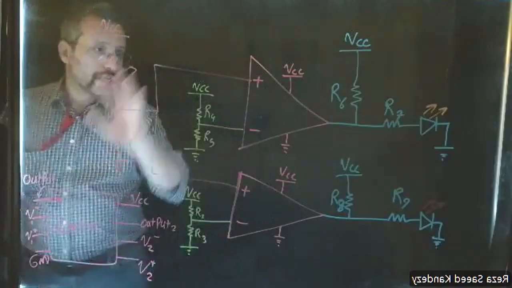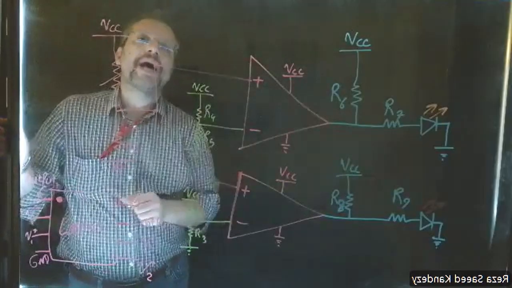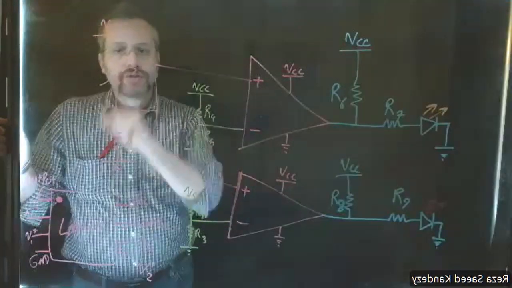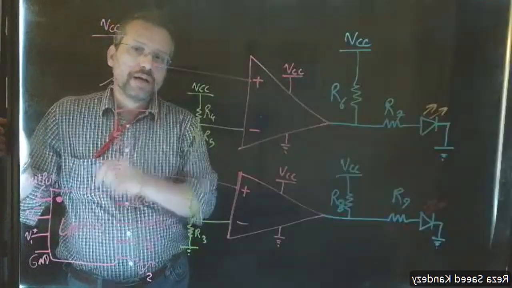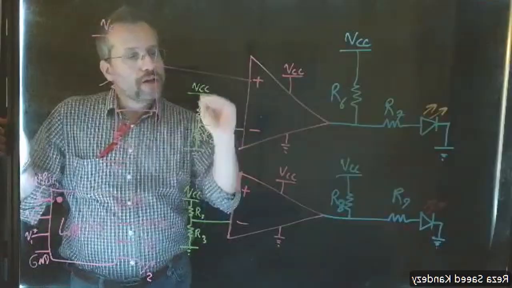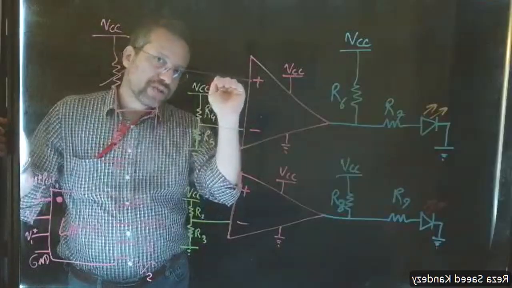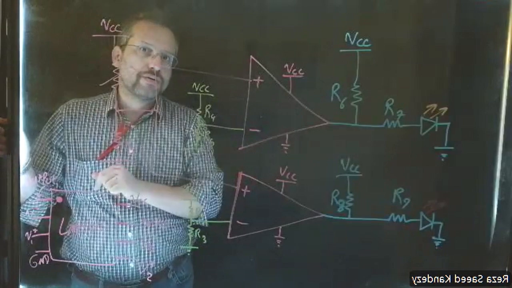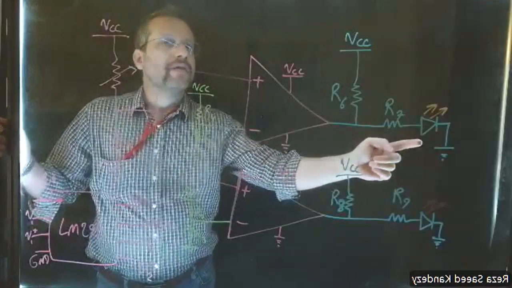Now, in the circuit that you see on the board, we have 2 op-amps and 2 sets of comparators. The task that we have is a thermistor, which is a resistor that changes with the change in temperature. We want to see if, for example, there is a warm value, meaning a certain amount of increase in the temperature, which means a certain amount of change in the resistor, we want to activate a yellow LED.